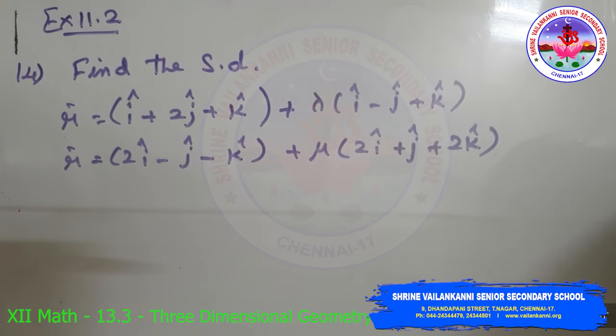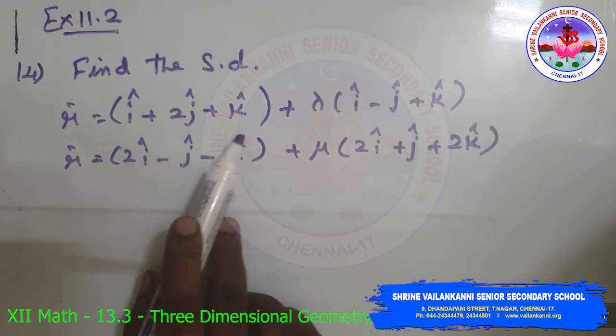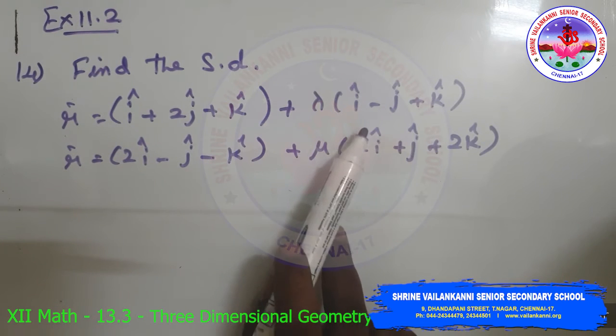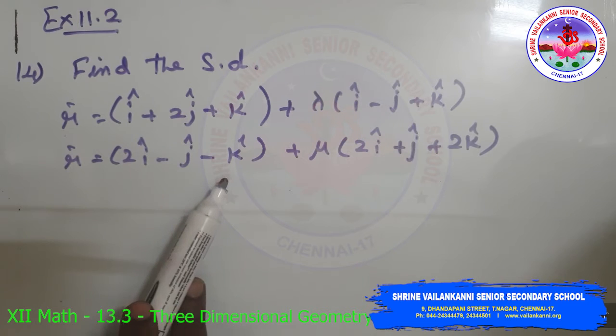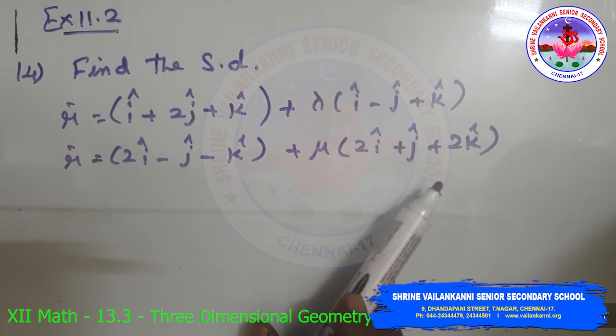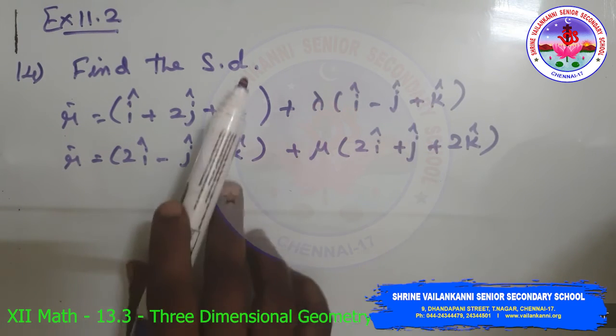Exercise 11.2, 14th question. Find the shortest distance between the lines r = i + 2j + k + λ(i − j + k) and r = 2i − j − k + μ(2i + j + 2k). So two lines are given.